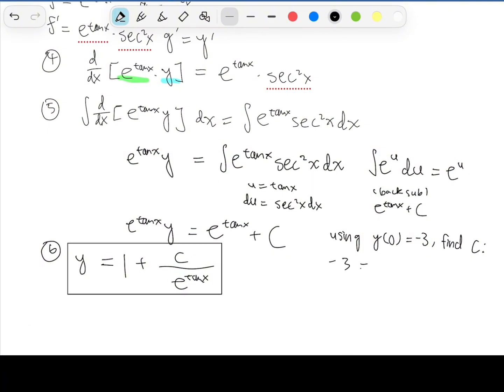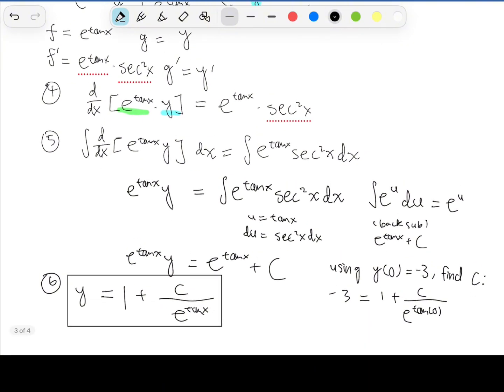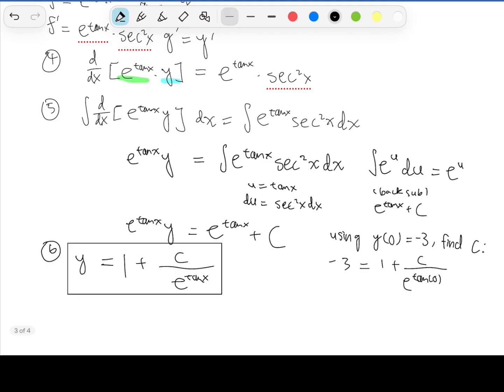-3 equals 1 plus c over e to the tan 0. Because in this case, x is 0. So we get -3 equals 1 plus c over 1, and c equals -4.